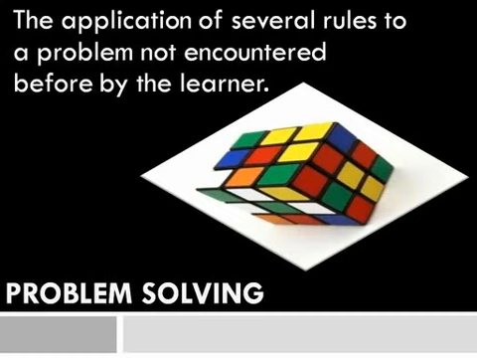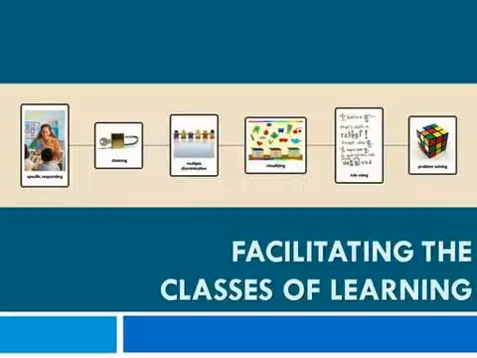So they're able to take a problem that they've never encountered before, but use information that they have at hand just in a different way. So problem solving wraps up our 6 performance indicators.